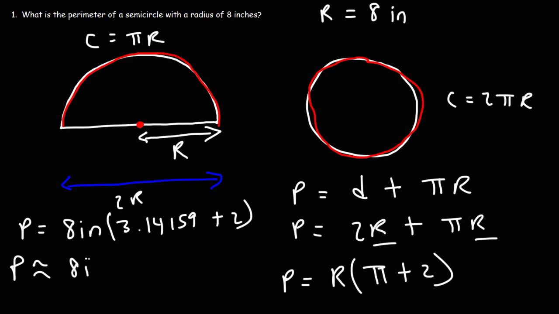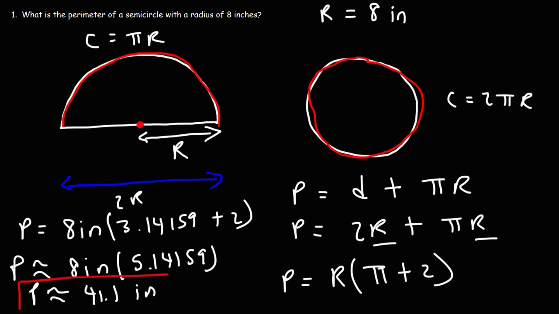That's going to be 5.14159. Multiplying that by 8, we get a perimeter that is approximately 41.1 inches. So that's how we can calculate the perimeter of a semicircle.